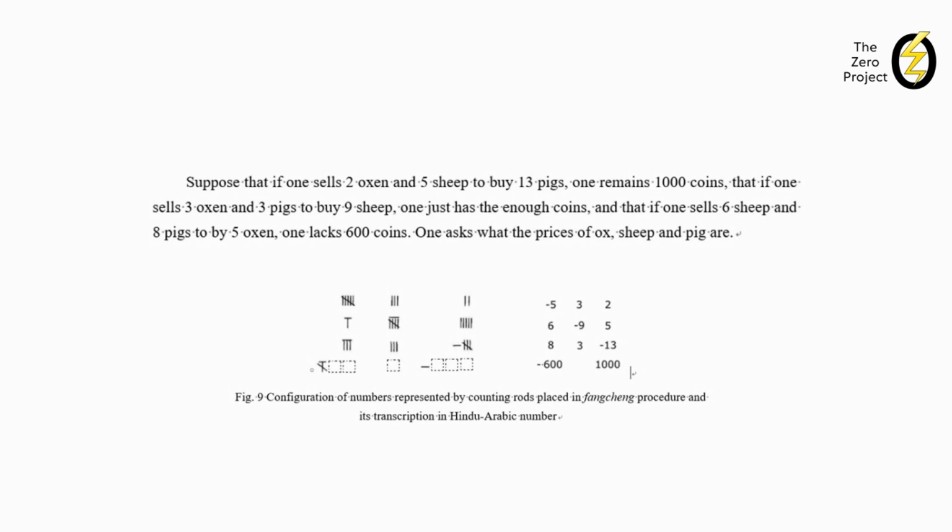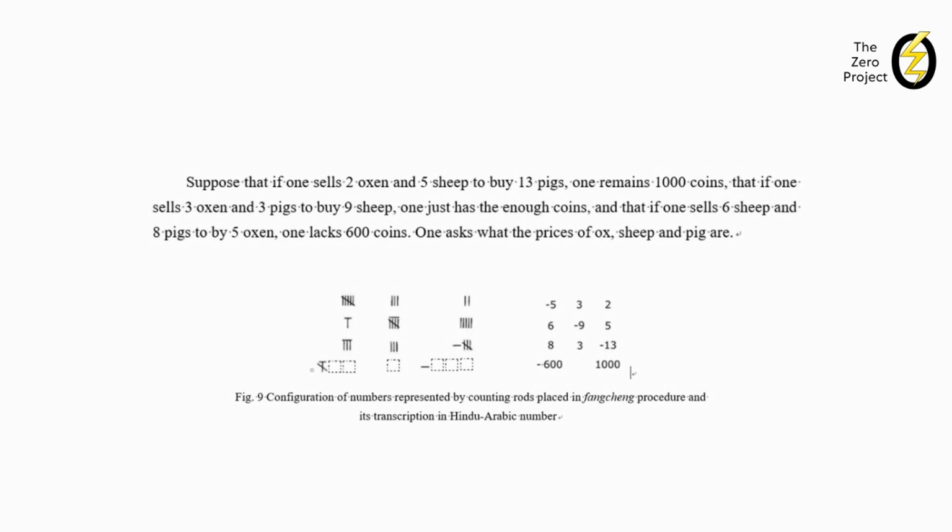To solve this problem, the practitioner needs to place the counting rods on the counting board in a configuration like this. A slash over the counting rods represents a number whose property is opposite to that of the number without a slash. So this is one possible way to show this two-fold nature of number.